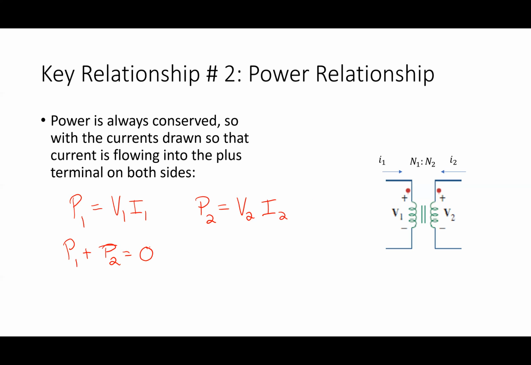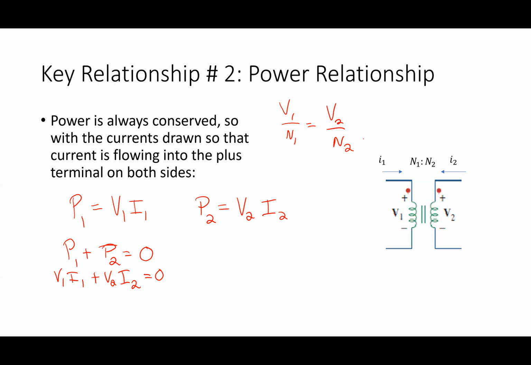So V1 I1 plus V2 I2 equals 0. And given our relationship, I have V1 over N1 equals V2 over N2.